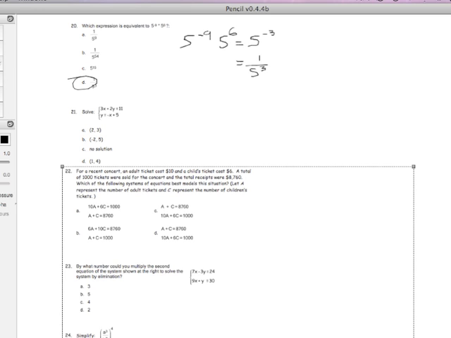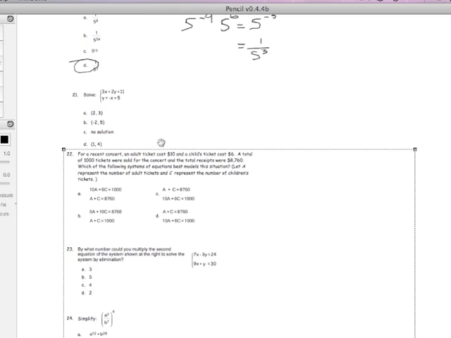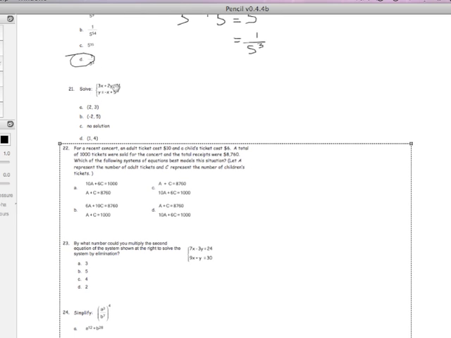So number 21, solve this system. We're going to take these two bits of information and try to solve this mystery here. It's set up exactly for substitution because it gives us y, and we can substitute that information for y into the first equation, and then we'll just have x's.